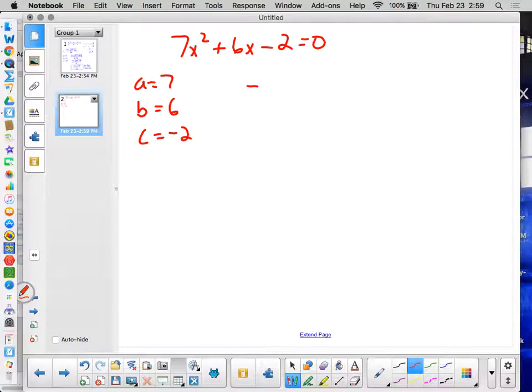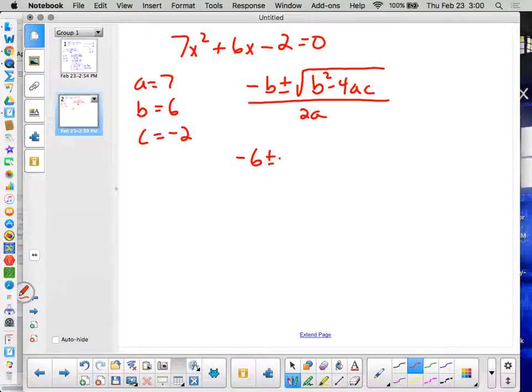So my formula, negative b plus or minus the square root of b squared minus 4ac, all over 2a, comes into effect, and I plug my numbers in. That's negative 6 plus or minus the square root of 6 squared minus 4 times 7 times negative 2, all over 2 times 7.